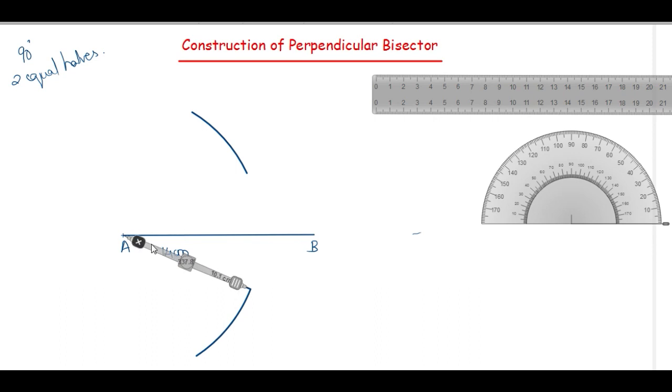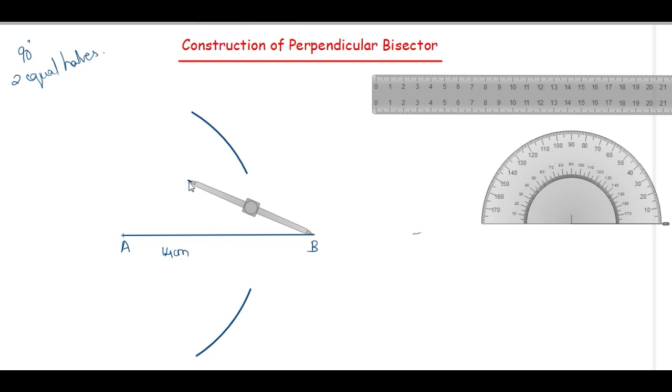Now do not change the radius of the compass. Now place the metal pointer at point B and draw an arc above the line AB. What did we do here? We did not change the radius of the compass. We just removed it from A and placed it at point B.